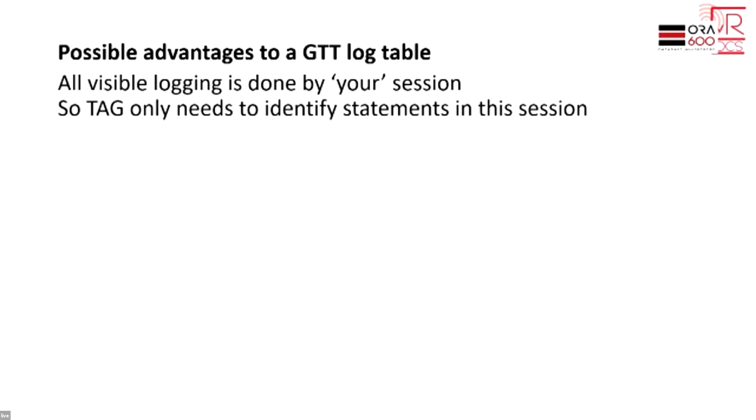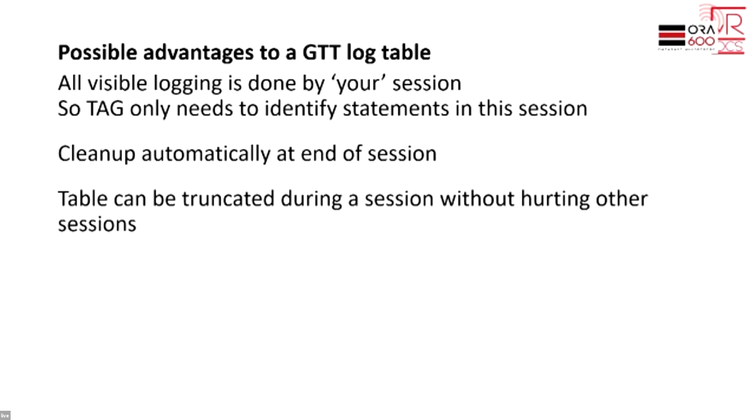The possible advantages: only for your session, so, like I said, your tagging can be simpler. The cleanup is automatic. The table can be truncated if you want to get rid of old errors from a couple of loops ago. You can just truncate it and nobody will dislike you for it.